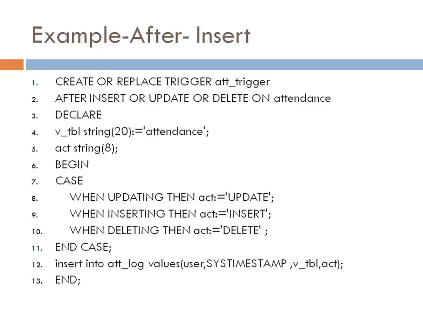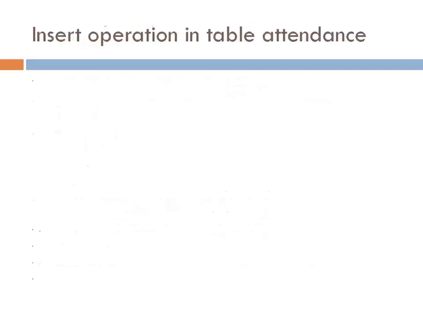Then sys_timestamp is again a system defined value which takes the date and time this activity is happening. So this will be automatically taken. And then v_tbl is taken from line number 4, which is the attendance table, and act from lines 8 to 10. If inserting, then insert, if deleting, then delete, if updating, then update, and that value will be inserted here.